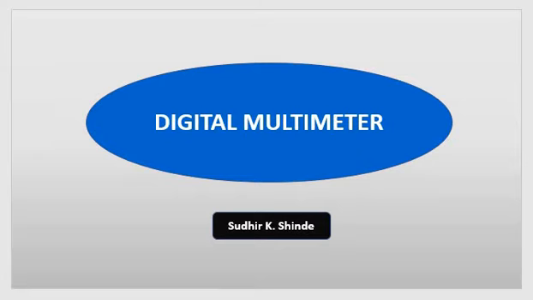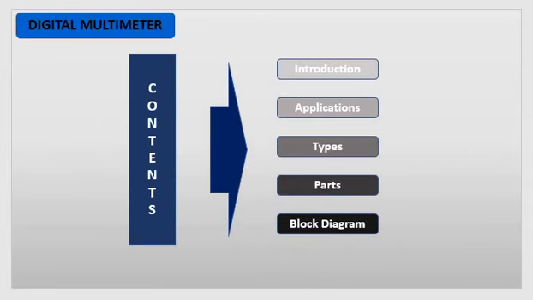In this video, we will see the introduction of the digital multimeter, what a multimeter is, for what purpose it is used, that is the applications of the meter, then the main types of multimeters, then the main parts of the digital multimeter, its block diagram, and some more information.